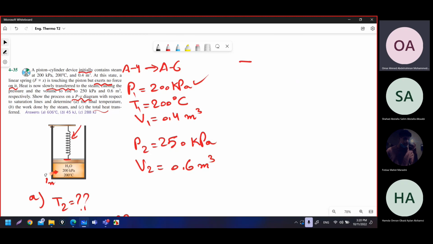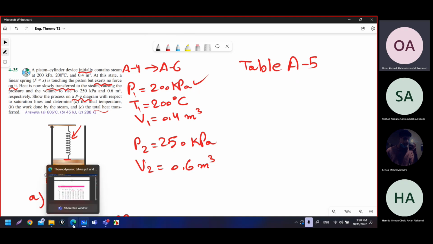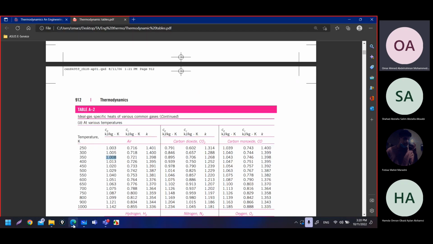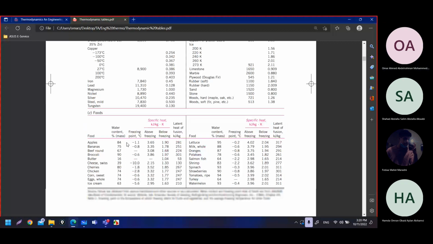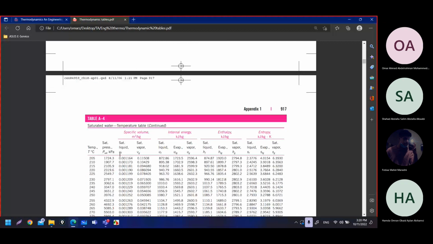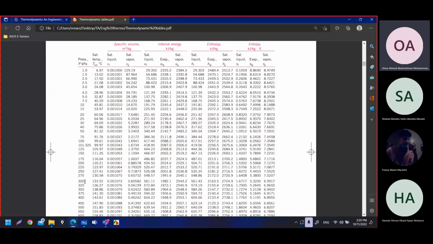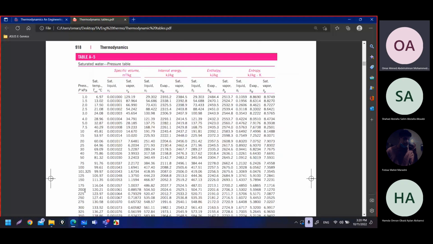I will use the pressure table, table A5, and compare my temperature to the saturation temperature at 200 kilopascal.